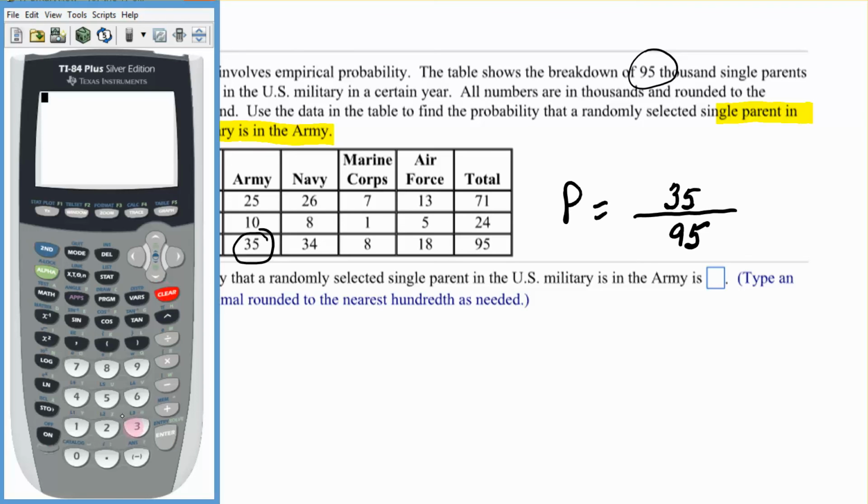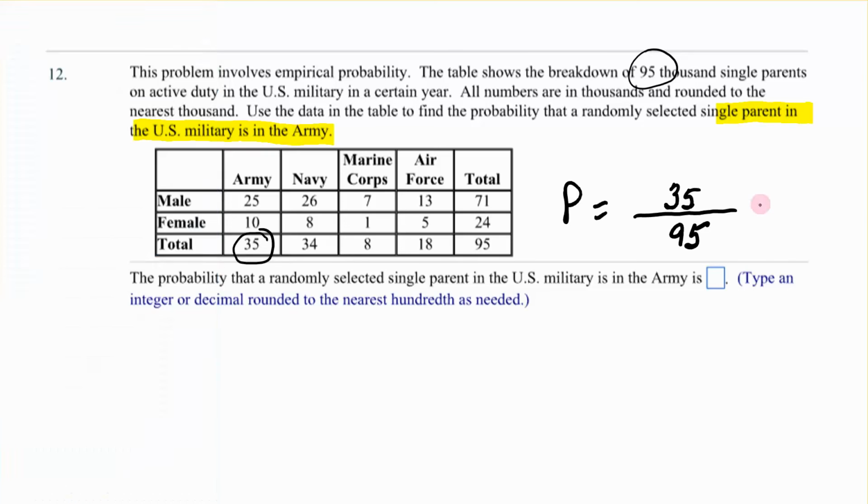So I have 35 divided by 95. And this is going to round up. So this is approximately 0.37. 37 out of 100. It's more than a third, but it's less than a half.